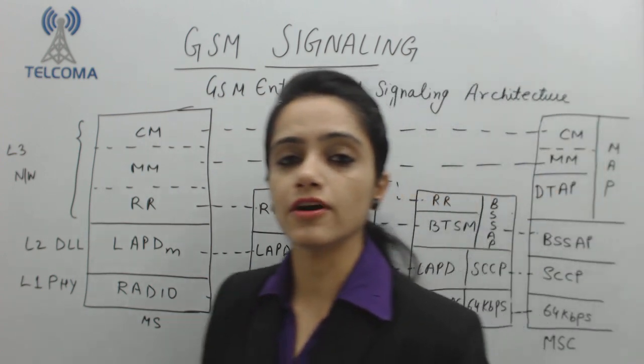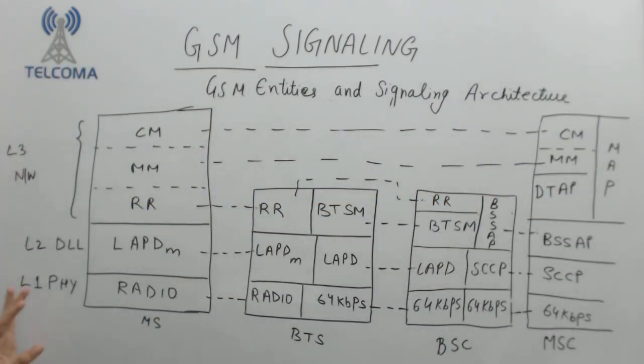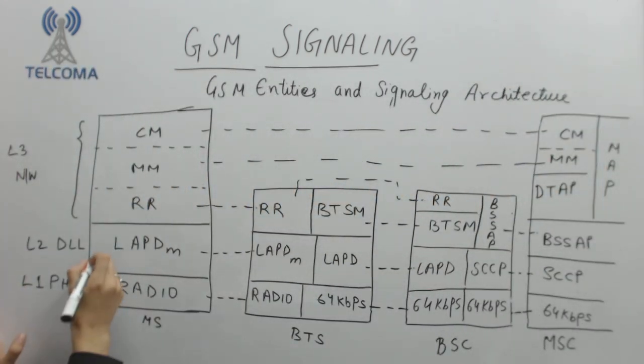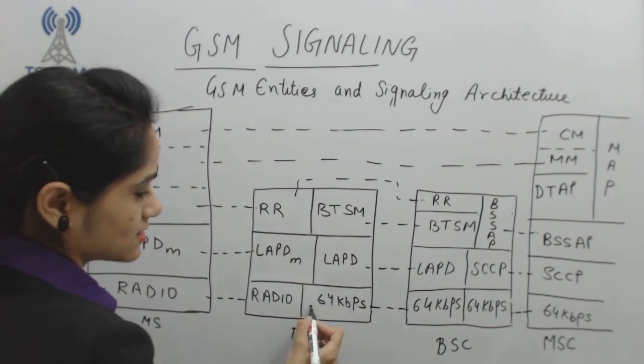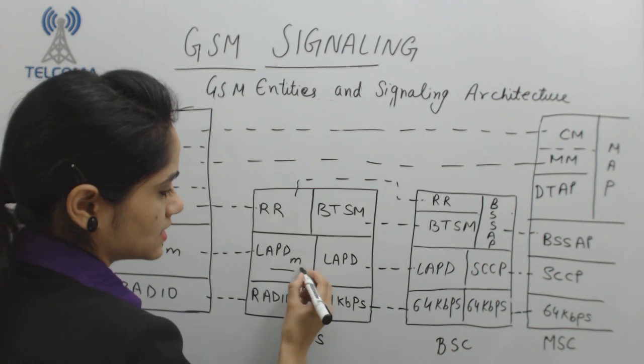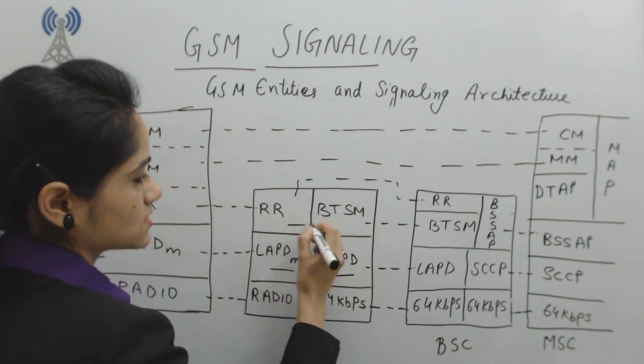Now we require to follow that we have only 3 layers. So this being 1, 2, and whole of this is 3. Like this one is my first layer, this one is my second layer, and this one as third layer.